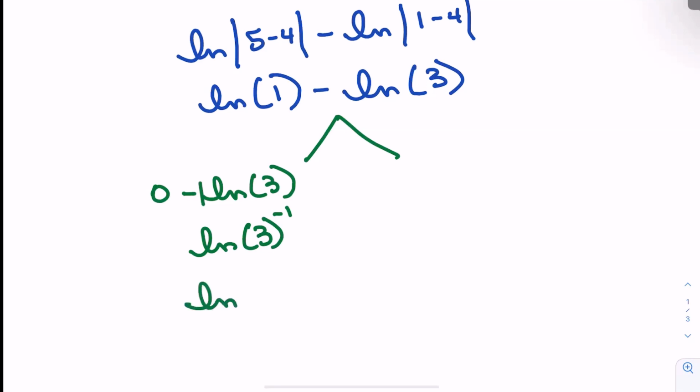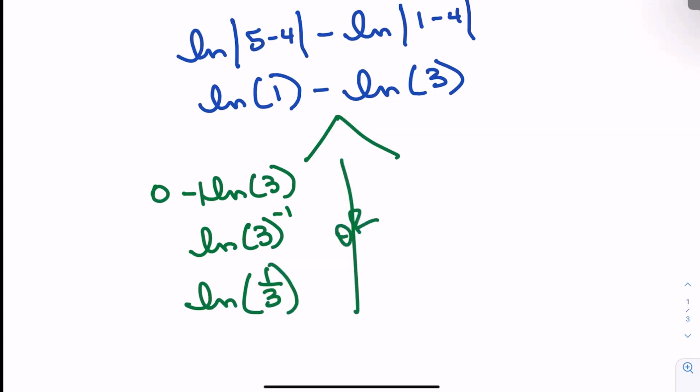So that would give us the natural log of 1/3. Here's the or. You can treat that negative there. Remember when we're doing the expanding and condensing of natural logs, subtraction means division. So we can just go straight to the 1 divided by 3. Both valid, both work.